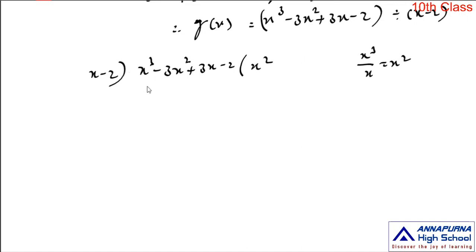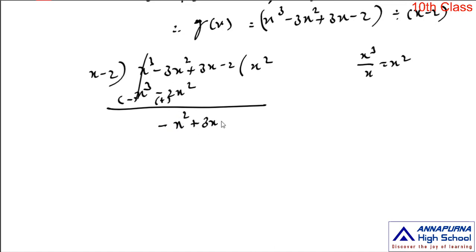x square into x is x cube, x square into minus 2 is minus 2x square. Change the signs. Plus x cube minus x cube cancel. Minus 3x square plus 2x square is minus x square. The remaining terms are plus 3x minus 2. The second term of the quotient: the first term is minus x square and the first term of the divisor is x.